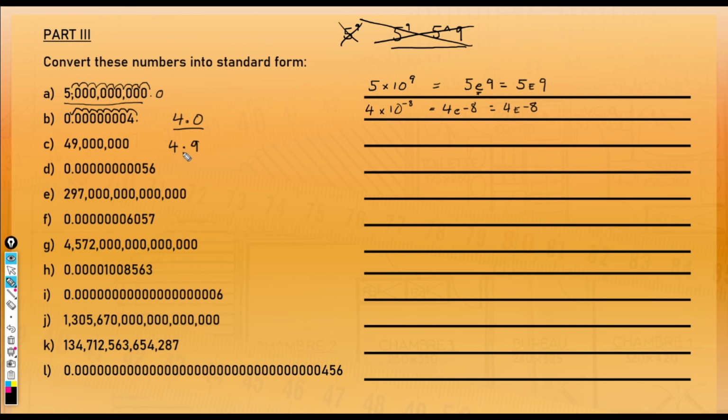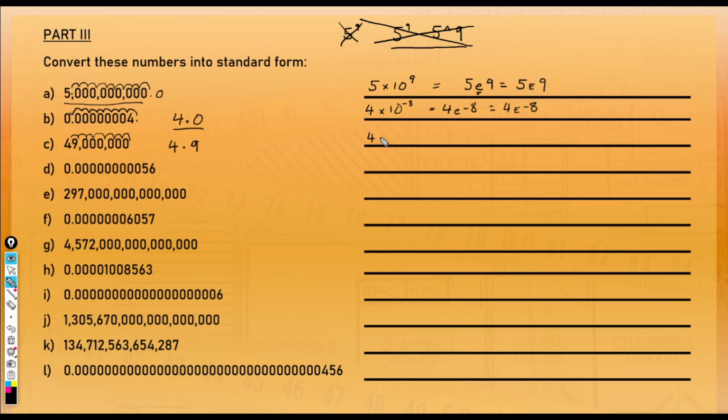And this is what I mean when I say you will always, if you do standard form according to the strict rules, have a number that is greater than 1 and less than 10, or it could be equal to 1, of course. So here we got 4.9. And if we go from 4.9 and want to get back to 49 million, we have to jump 1, 2, 3, 4, 5, 6, 7 to get back to 49 million.